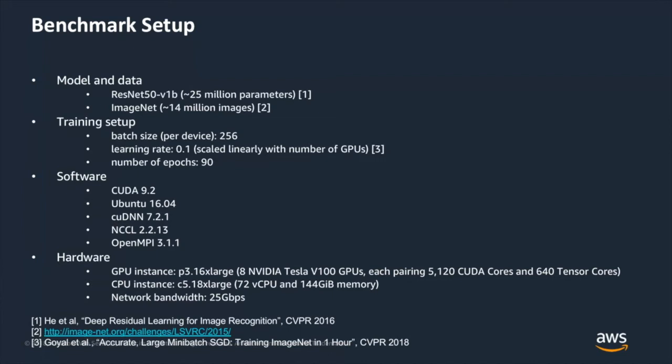For the CPU instances, which are mainly used for parameter servers, we choose the C5.18xlarge, which has 72 virtual CPUs and 144 GB memory. The network bandwidth for this setup is 25 Gbps, which is already very fast. Is the interconnect InfiniBand? I believe so. I'm going to double check.